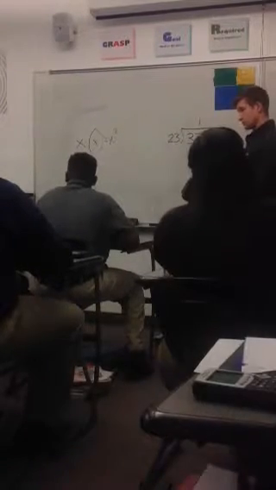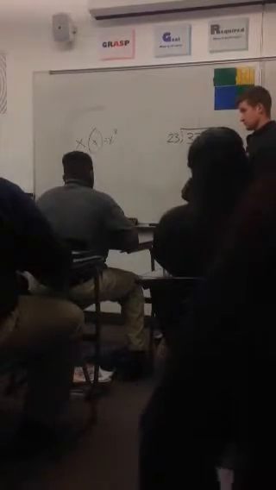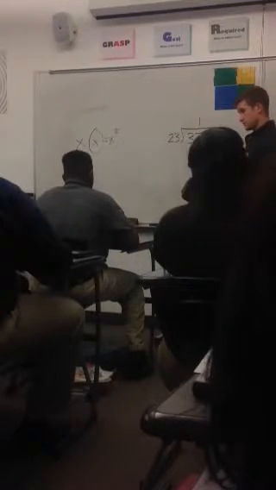And then what do you do? You multiply 23 times 1. So here, I'm going to multiply x by x and x by 3. You're just distributing, so it's basically this.